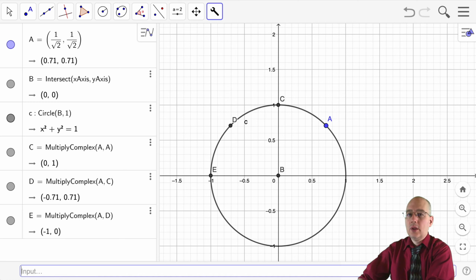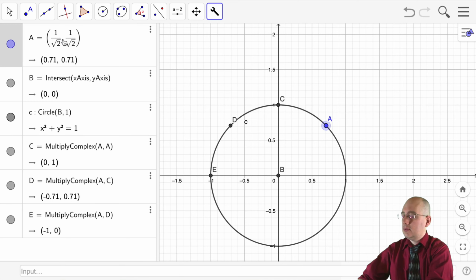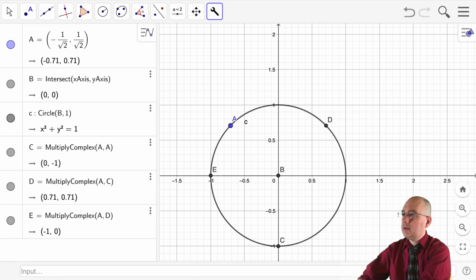All right. And if you wanted to try the other ones, let's say minus I. So that's on the other side. What happens? So first, a squared goes to minus 1. And then a cubed goes over to that first point we had, and then a to the fourth goes to minus 1, right?